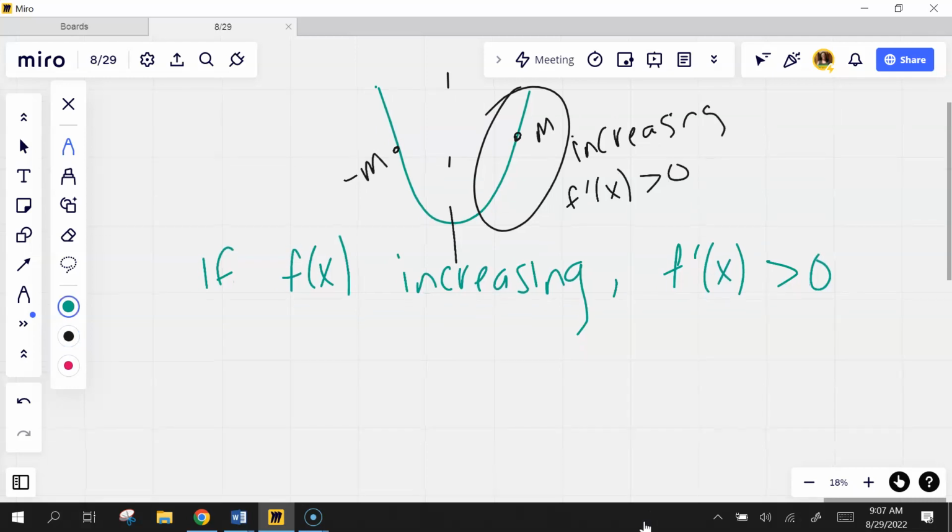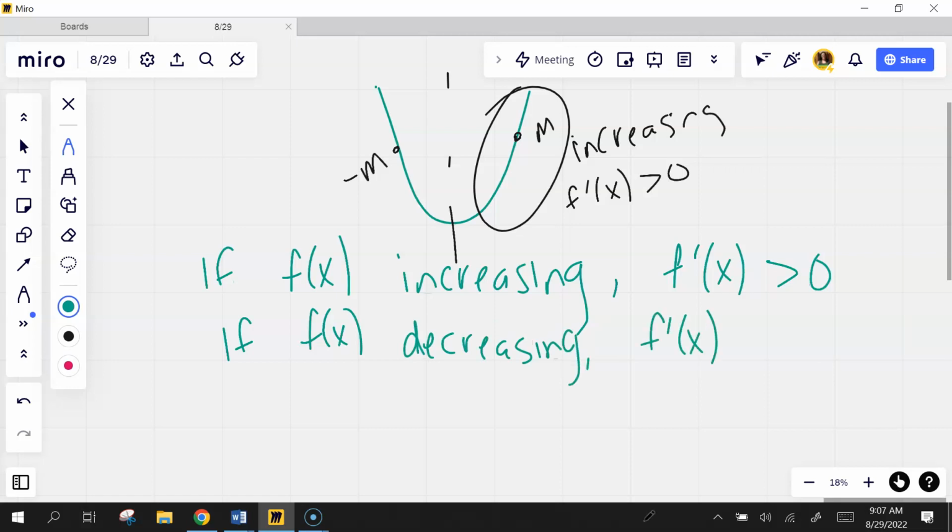All right, so in the same breath, if f is decreasing, what's going to happen to the slope or the derivative? Less than 0, it's negative. And if f of x is neither decreasing nor increasing, so when is it neither increasing nor decreasing?